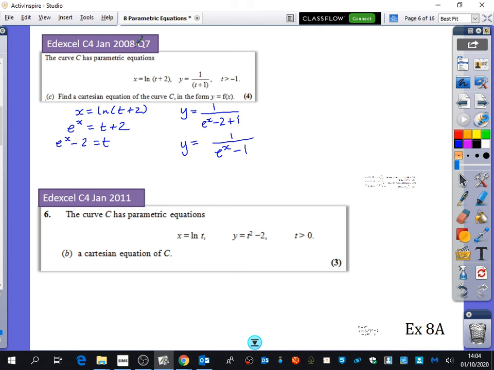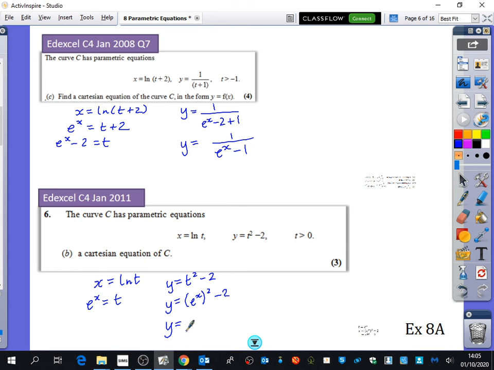And so we can do the same for this one. They like doing logarithms here, but you're going to get used to logarithms just by seeing me do logarithms as well. So I'm going to make t the subject of this one. So it will be e to the x equals t. And y is equal to t squared minus 2. So y is e to the x all squared minus 2.